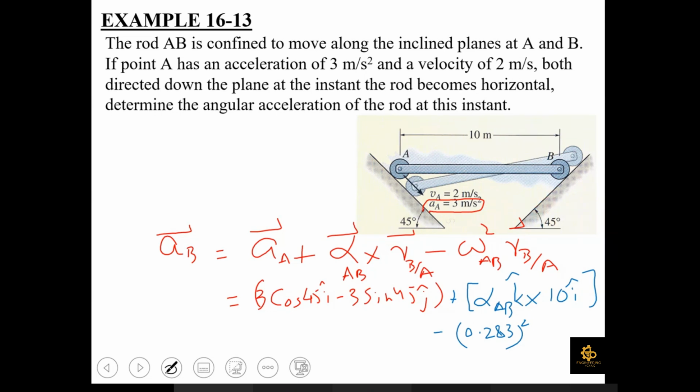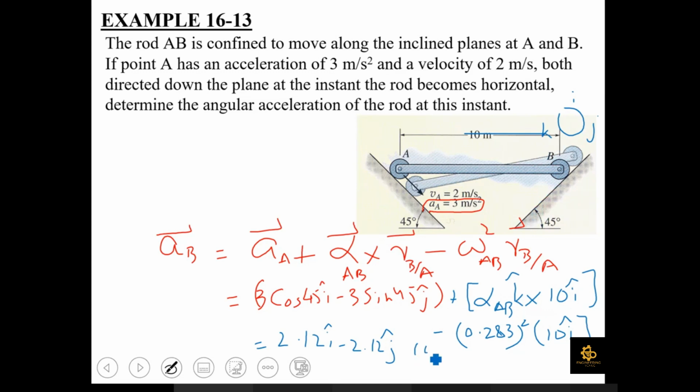So it is 0.283 square into 10I. Is this equation clear to all of you? Yes. So once you further solve it, this would become 3 cos 45 would become 2.12. So 2.12i minus 2.12j. Alpha cross r के लिए आप वही smaller circle इस्तेमाल कर सकते हैं.